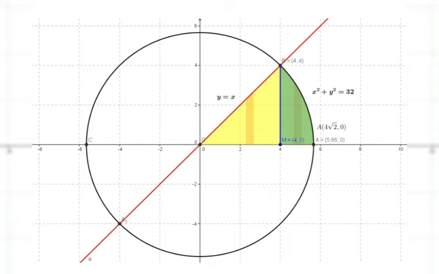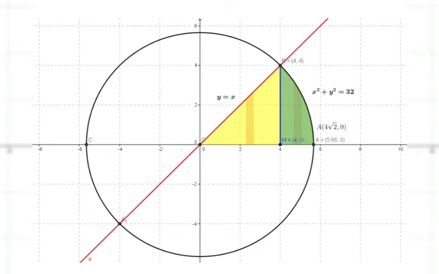To find out the coordinates of point B, we will use the equation of the circle. The equation of the circle says that x squared plus y squared is equal to 32, and x and y are the coordinates of any point on the circle. If the point which you are taking is on the graph and not on the circle, then you cannot use this equation.